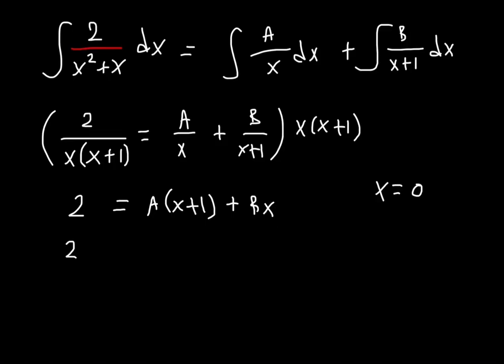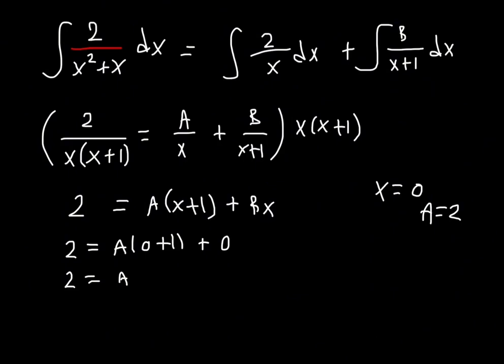So I have 2 equals a times 0 plus 1 plus 0, because b times 0 is just 0. So 0 plus 1 is just 1, and then a times 1 is just a. So I know a is equal to 2. What I'm going to do is erase a here and then replace that with 2.